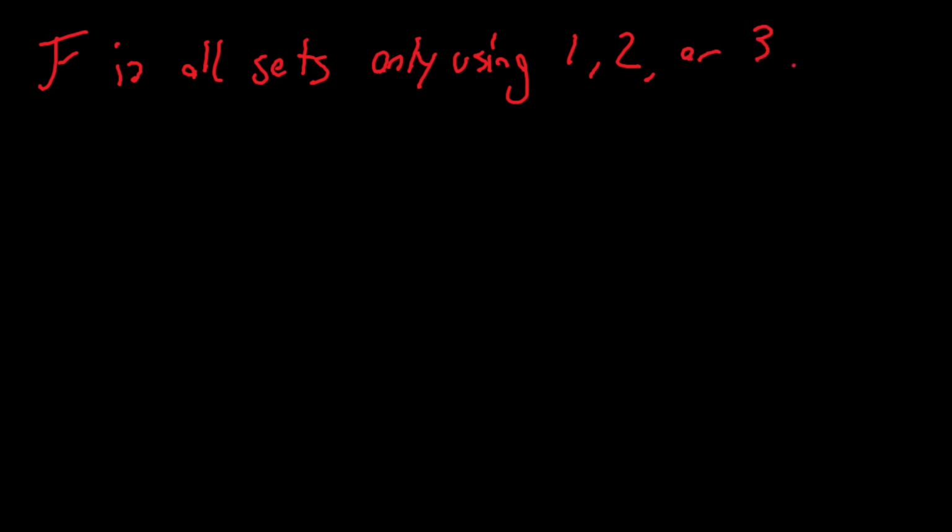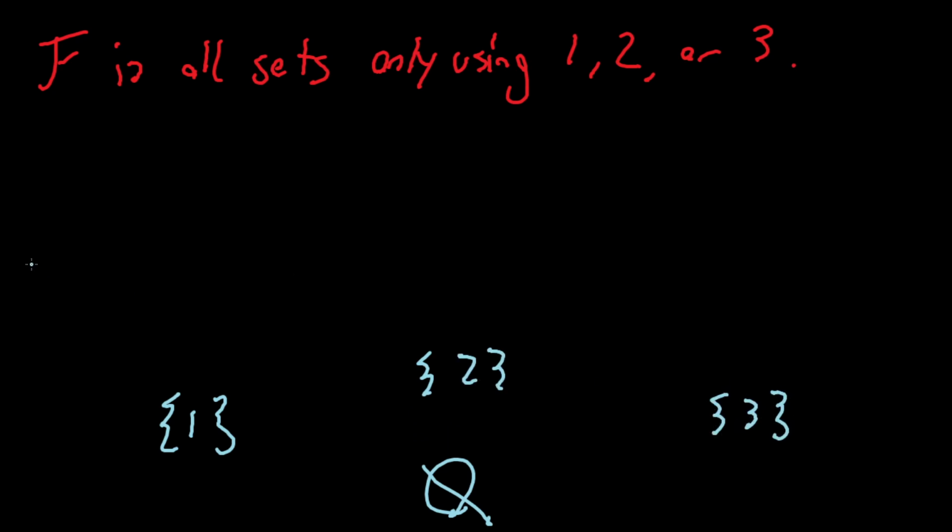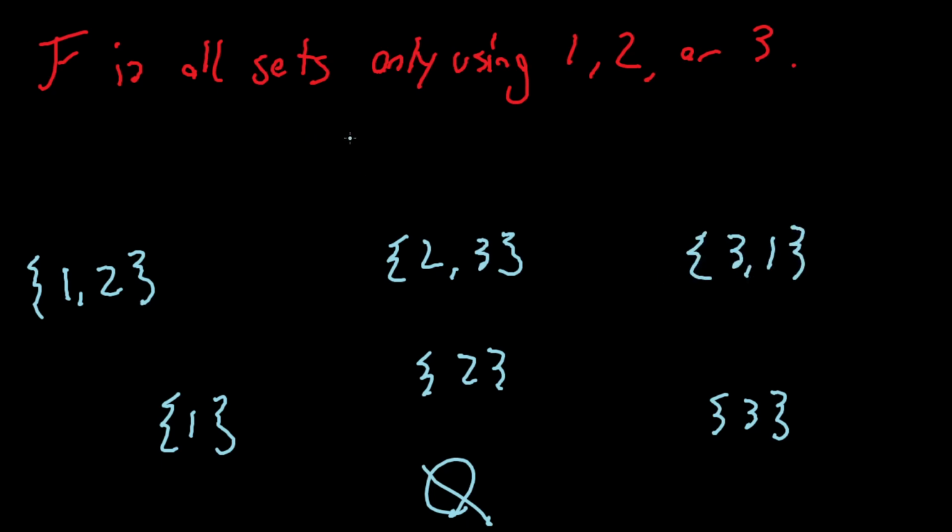The first thing I want to do is draw a picture to show what the inclusions in this set look like. So here's the empty set, and then here's the set 1, here's the set 2, here's the set 3, and then here's the set 1, 2, here's the set 2, 3, here's the set 3, 1, and finally here's the set 1, 2, 3.